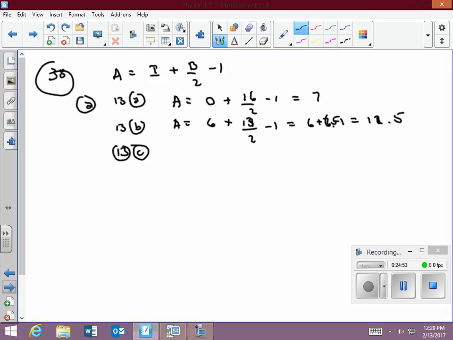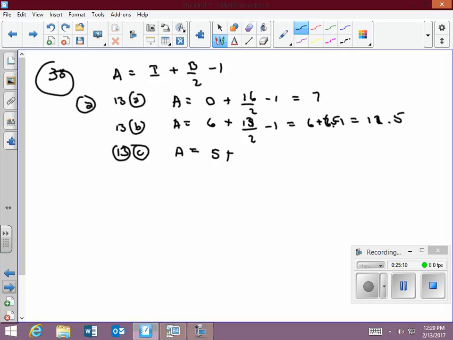13C. So how many interior points are there? Did you say 5?